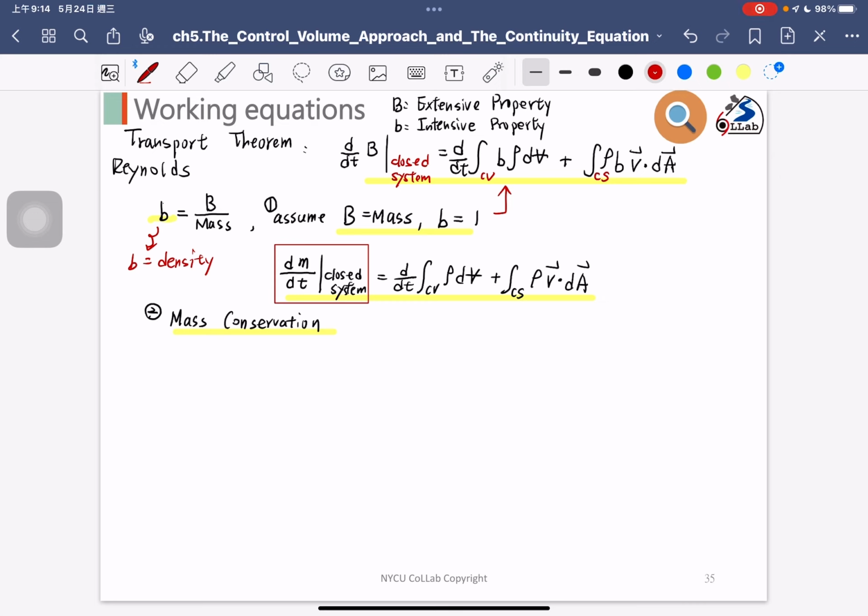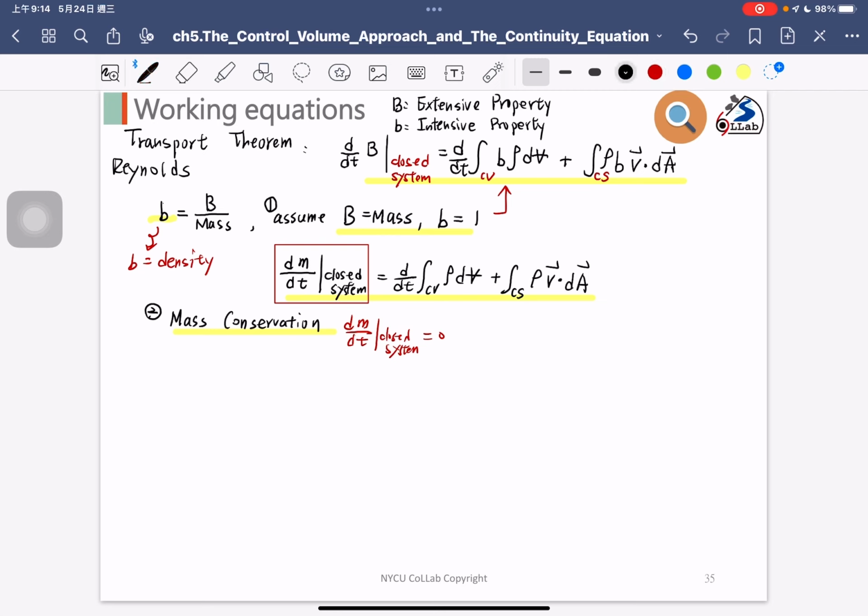So based on mass conservation, we know that dm/dt in the closed system equals 0.